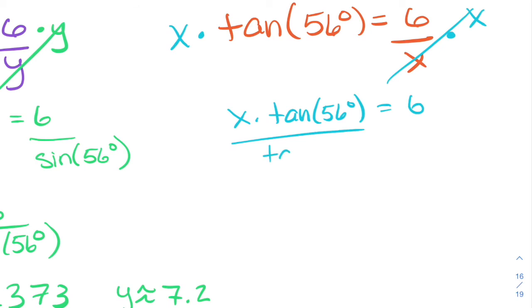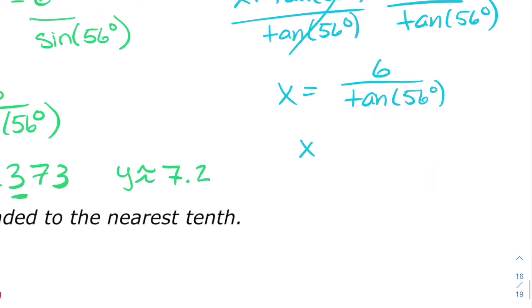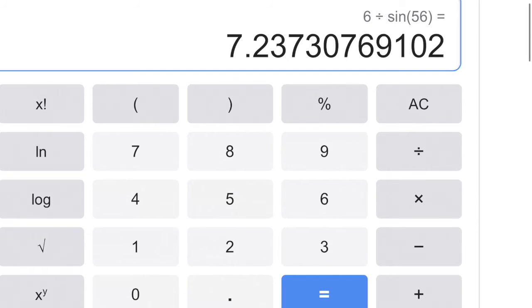Divide both sides by tangent of 56. And we get x equals 6 divided by tangent of 56 degrees. x approximately equals 6 divided by tangent of 56.